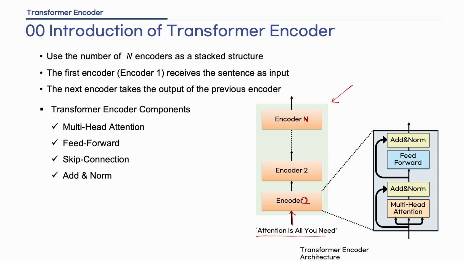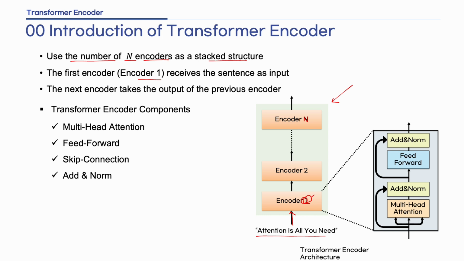It means that our encoder consists of n encoder structures as a stacked structure. The first encoder, encoder number 1, receives the sentence as input, and the next encoder takes the output of the previous encoder.